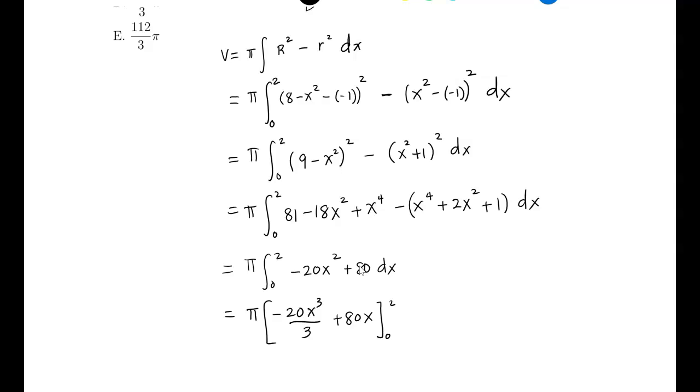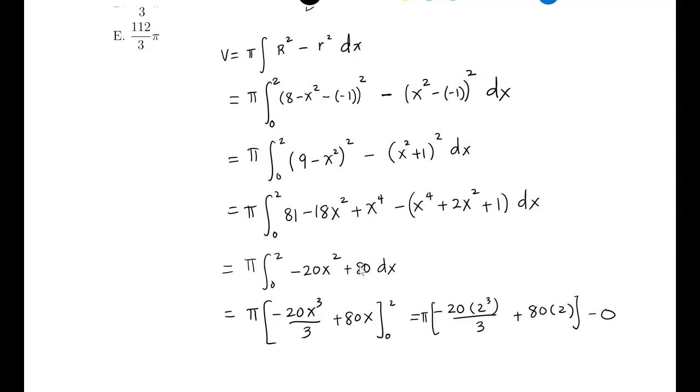So evaluating this from 0 to 2, we have pi times -20 times 2 cubed over 3 plus 80 times 2, that's 160, minus 0.